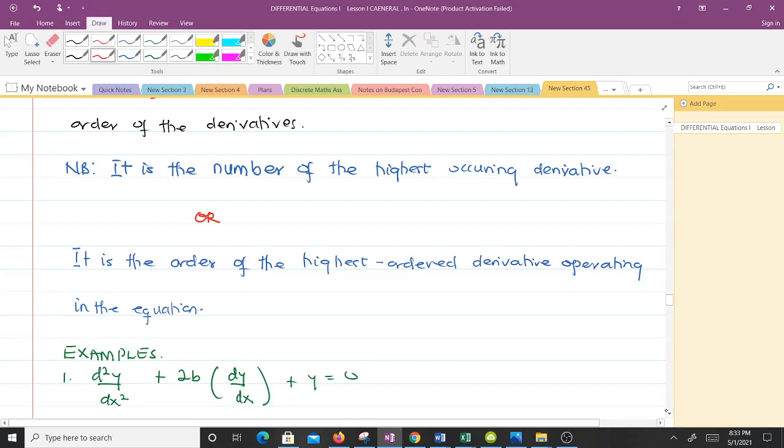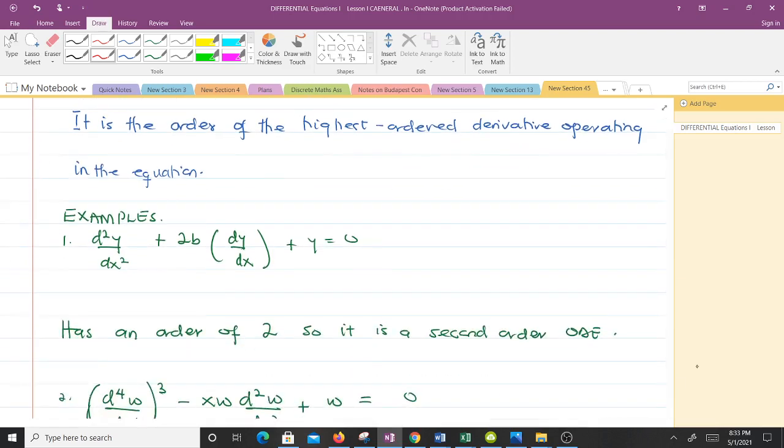So let's take some examples. Look at question 1 here. You see we have d squared y dx squared plus 2b times dy dx plus y equals 0. You can see that we have two derivatives here, this and that. So we ask ourselves, out of these two derivatives, which of them contains the highest order?